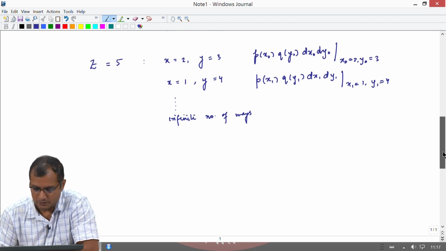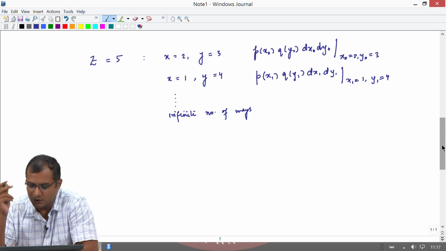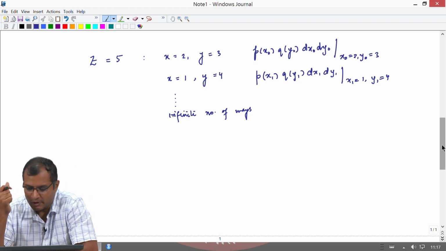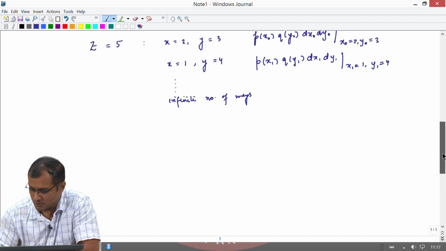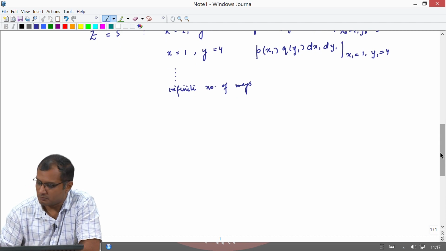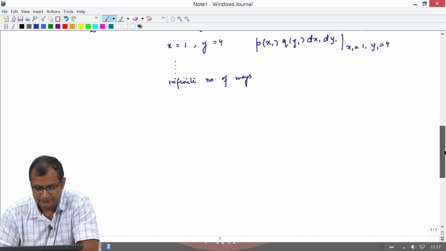What I do know is that whatever probabilities I take, the sum of x plus y is constrained to be z. So, how about dealing with this problem slightly differently?